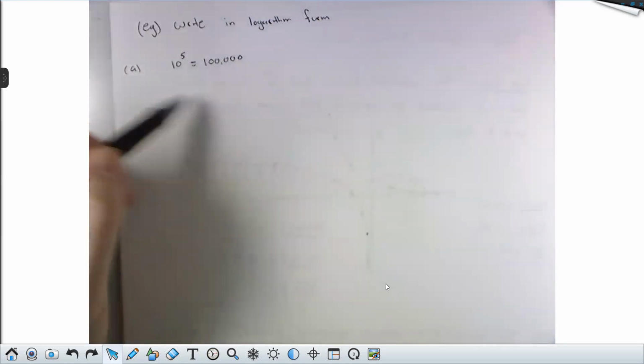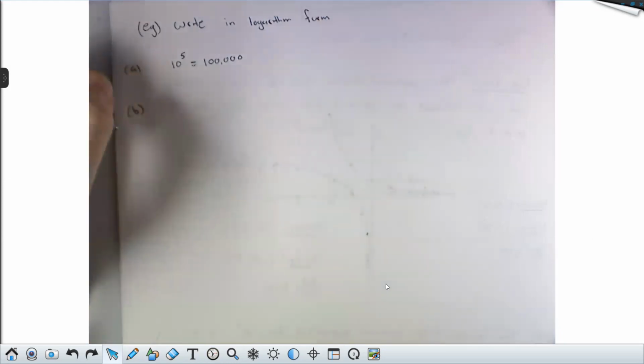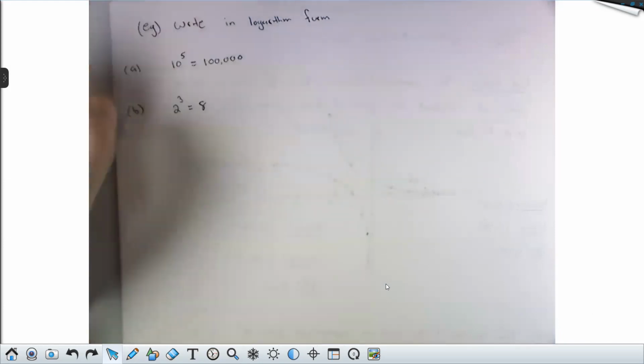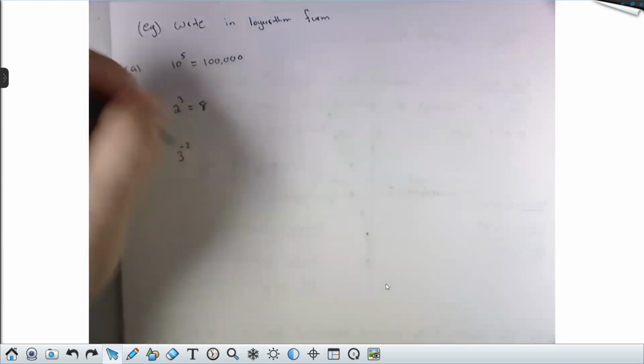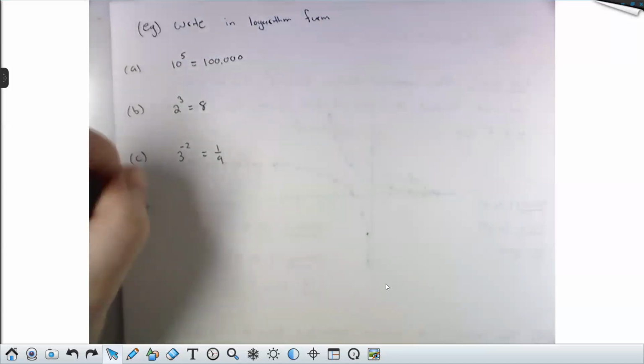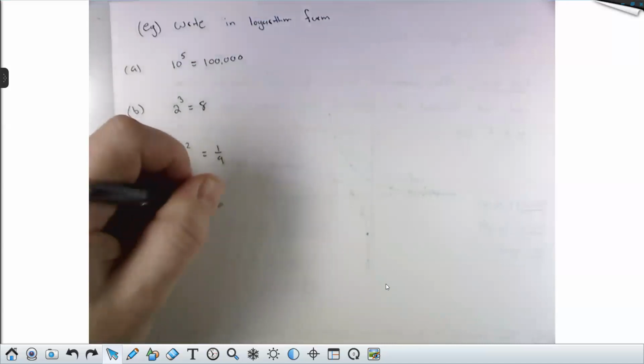We're going to write all of these in logarithm form, meaning we're going to take this exponential statement and rewrite it as a statement about logs using that blue box. 2 cubed equals 8. 3 to the negative 2 equals 1/9. And e to the 0 equals 1.